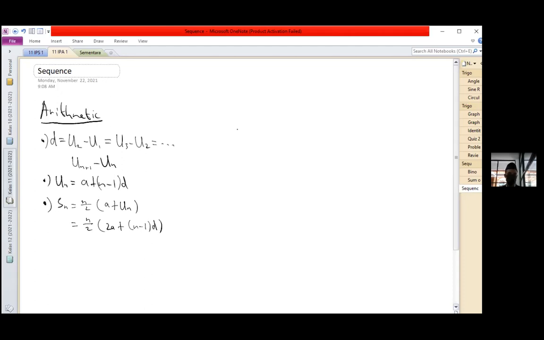Okay, for a geometric sequence, we have what is called a common ratio, denoted by r. This is the ratio, or perbandingan, of two consecutive terms in the sequence.